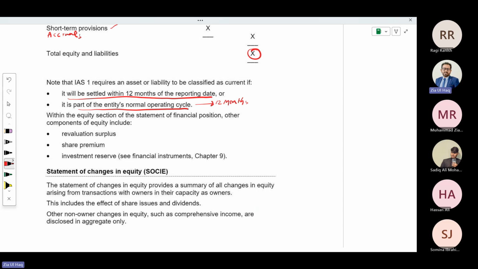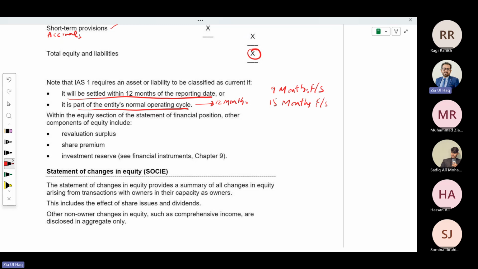But sometimes a company prepares financial statements for either less than 12 months or more than 12 months. Suppose a company is preparing 9 months financial statements, or a company is preparing 15 months financial statements. There could be some reasons. The company is not preparing financial statements for 12 months; they are preparing them for less than or more than 12 months.